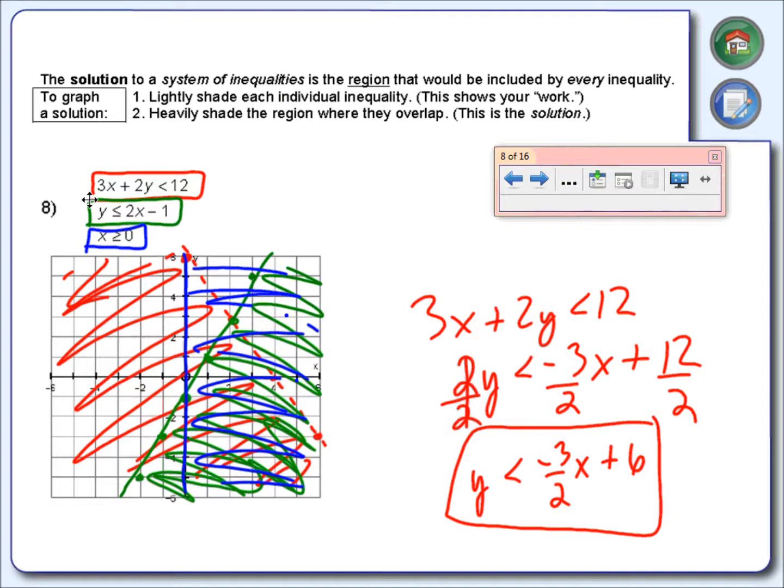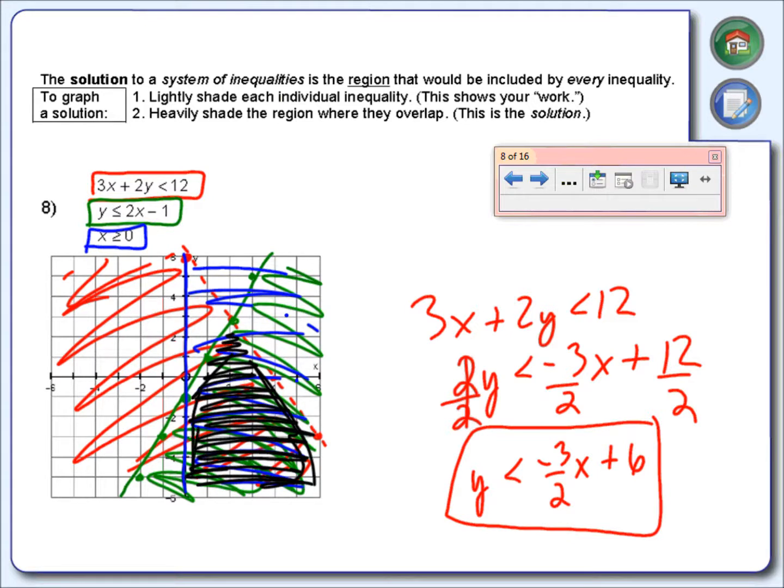All right, so now we got to dig through there and see if we can find out where the regions overlap each other. Where do all three colors overlap? Be real careful. All right, so it looks like it's going to be right in this area, right here.